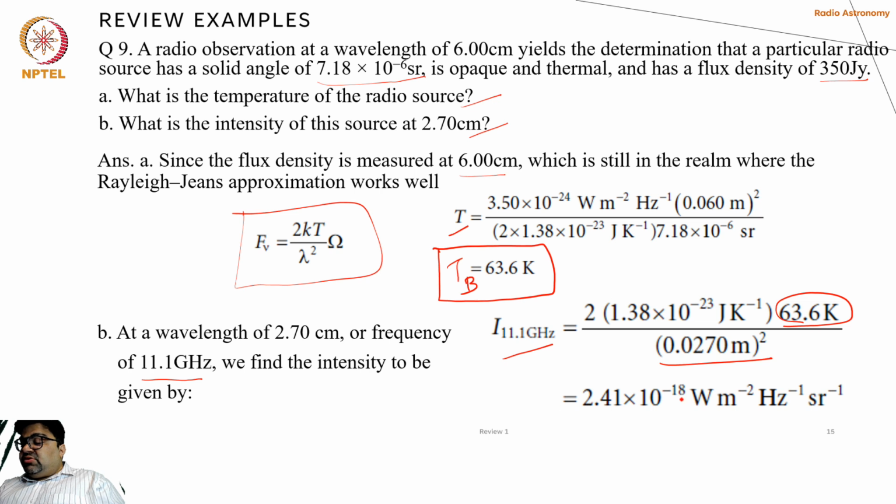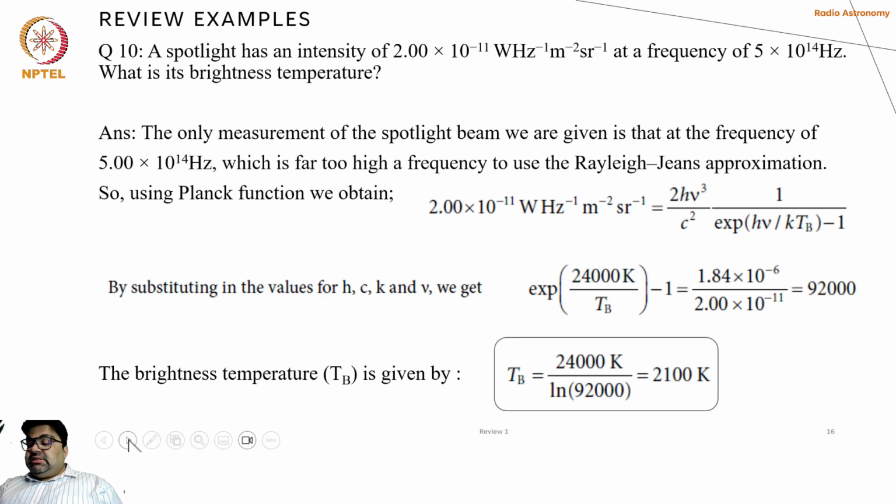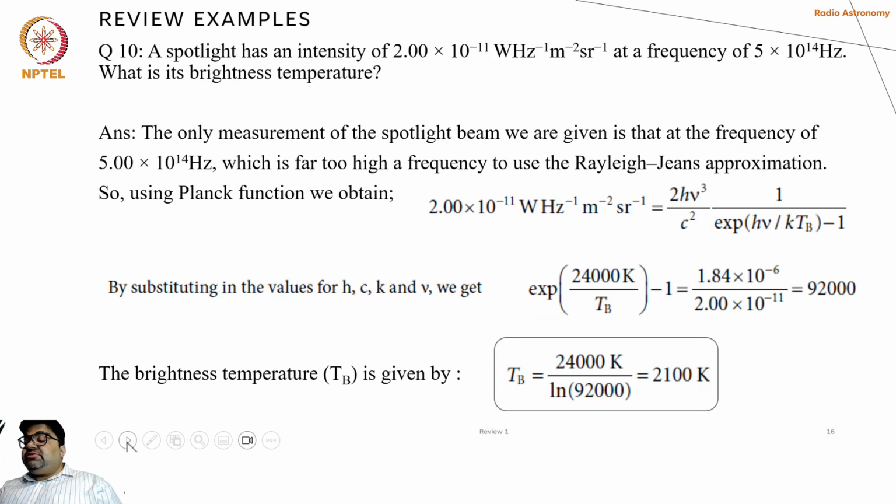So if you substitute all of them, then you get the I nu at this frequency to be equal to 2.41 times 10 to the minus 18 watts per meter square per hertz per steradian. So that was an easy problem, just a simple substitution. If you are confused, there are more and more examples we are doing here for your benefit.